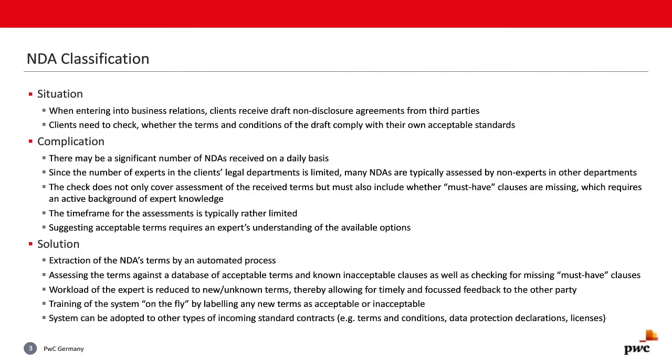The nice thing is, this is now for NDAs where we're currently working on, but you can have quite the same approach with the same machine if it comes to general terms and conditions, if it comes to software licenses. I mean, these are things which we sign off every day, even as a private person.